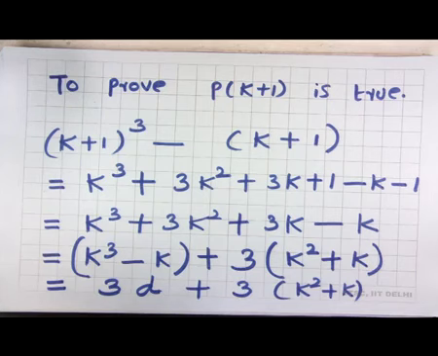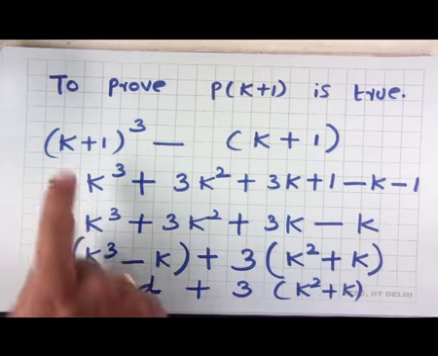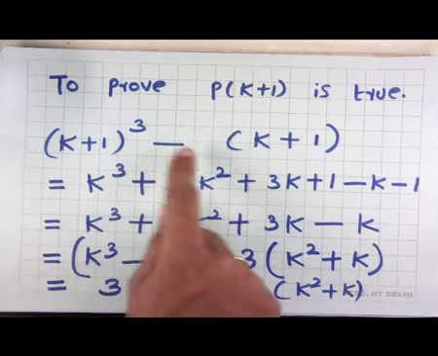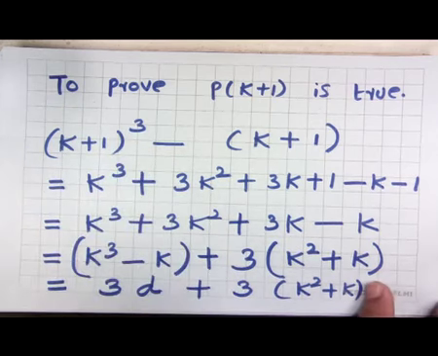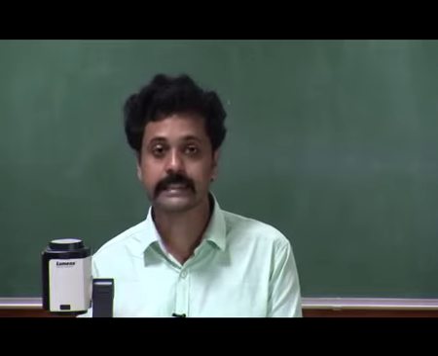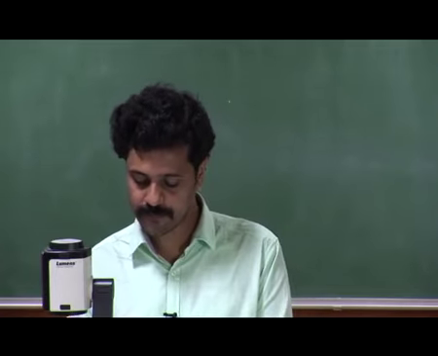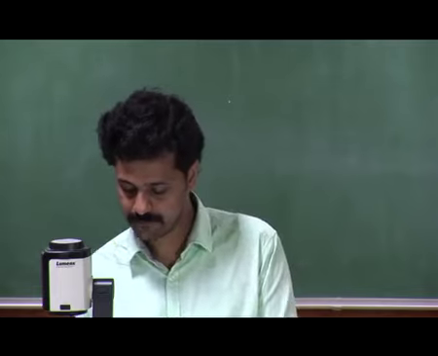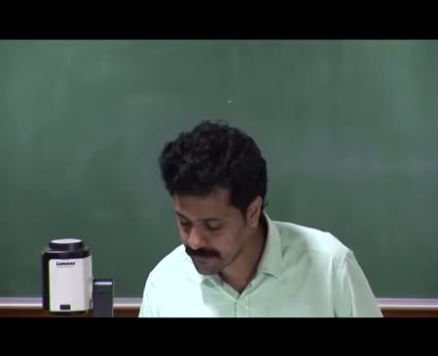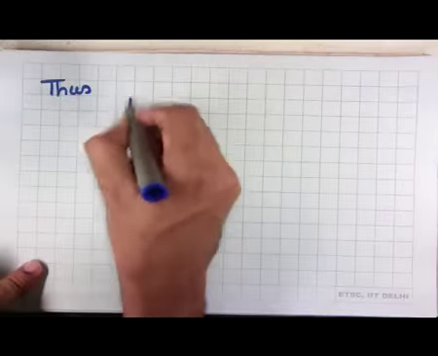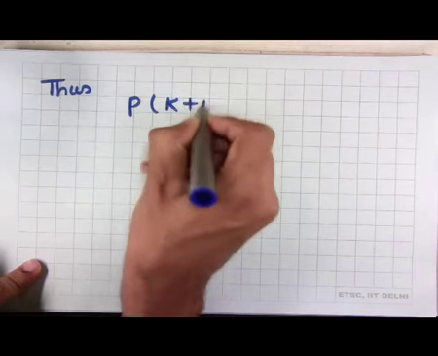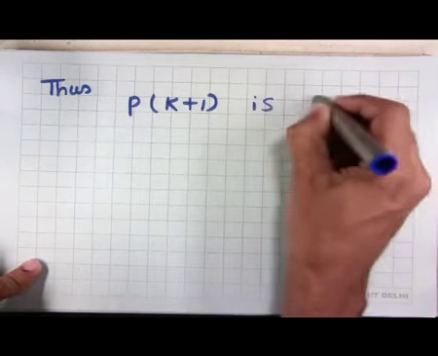This right hand side expression is again 3 times a natural number, say d plus k square plus k, which proves that (k plus 1) the whole cube minus (k plus 1) is a multiple of 3, establishing the truth of P of k plus 1. Thus, P of k plus 1 is true.